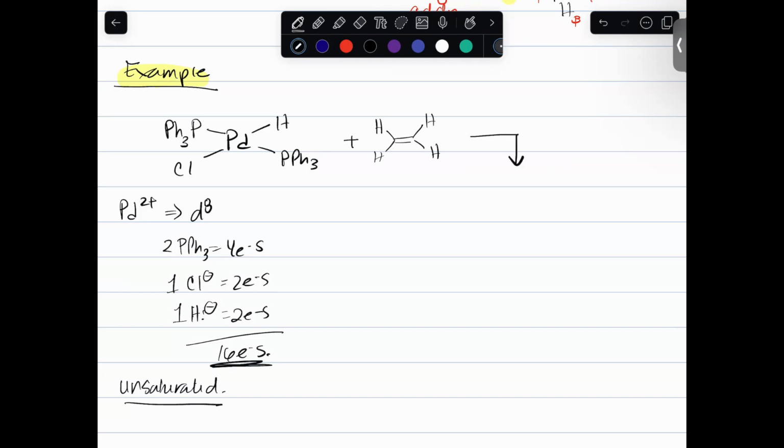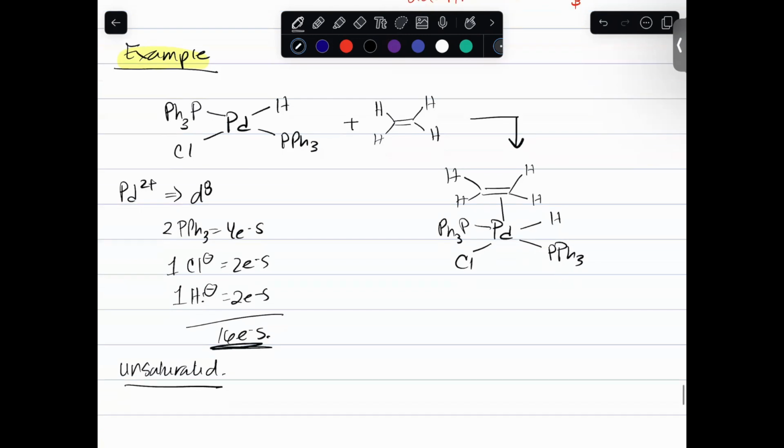So I've got my complex, and not just my complex from my starting material, but now I've got my alkene. And it shouldn't come as a surprise that this is an 18 electron count.